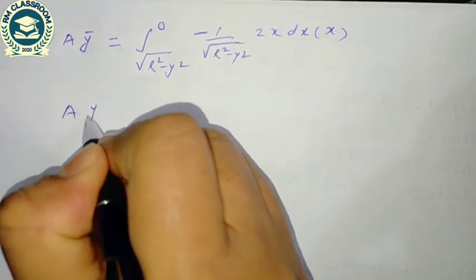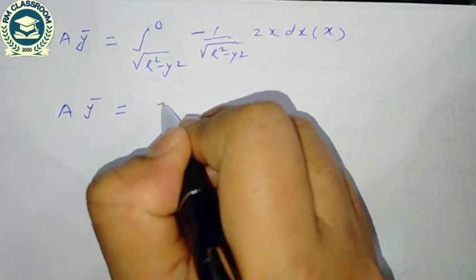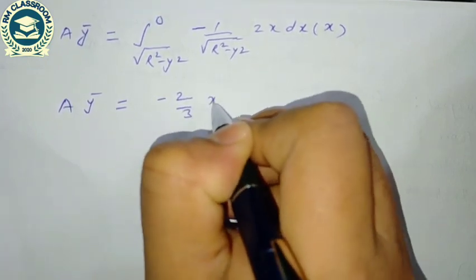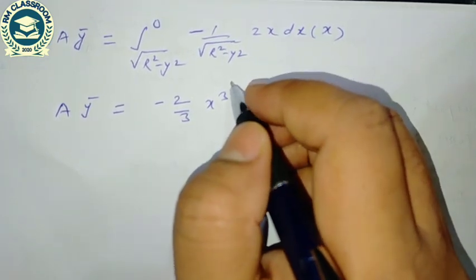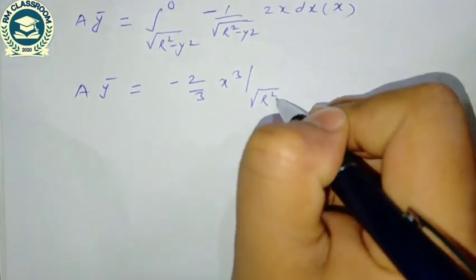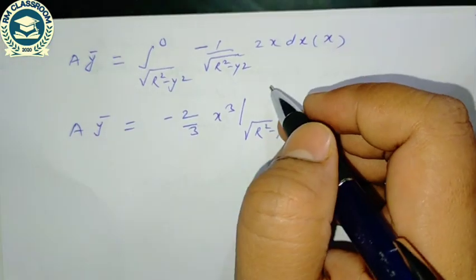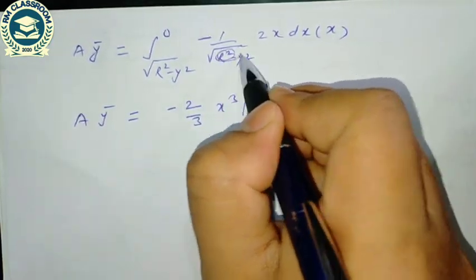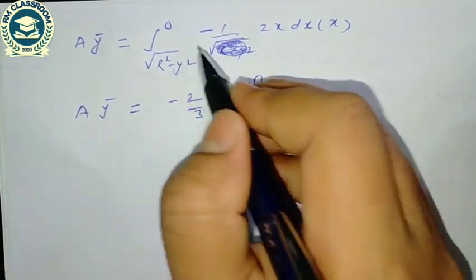So A y bar is minus 2 by 3 x cube, running from the square root of r square minus y square to 0.